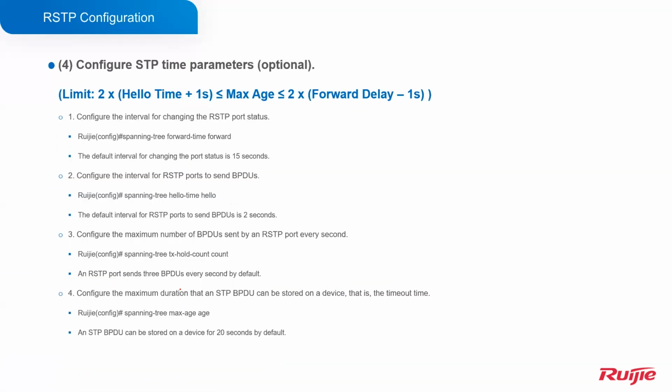Okay, and then configure the STP time parameters. Time parameters include the hello time, the forward delay time, and the max age, right? These timers are called time parameters, and this is optional. You can see the commands here, and these commands are seldom used.